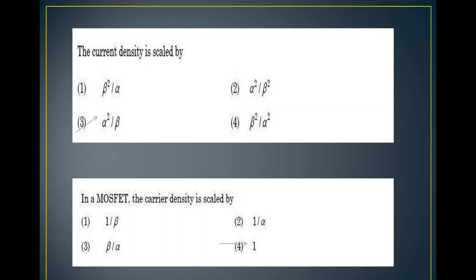Correct answer, option third, alpha square upon beta. Next, in a MOSFET, the carrier density is scaled by option first 1 upon beta, option second 1 upon alpha, option third beta upon alpha, and option fourth 1. And correct answer, option fourth, that is 1.